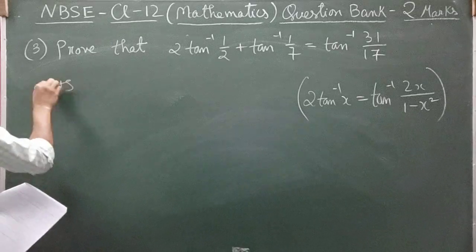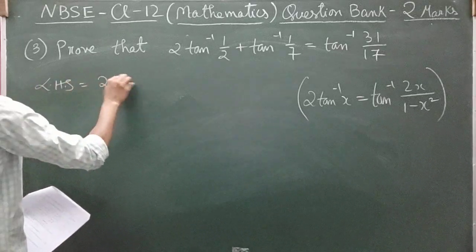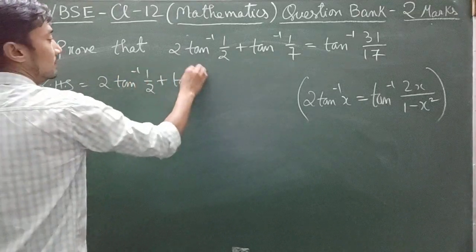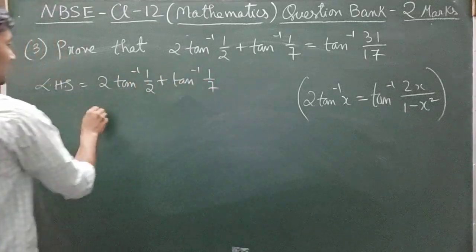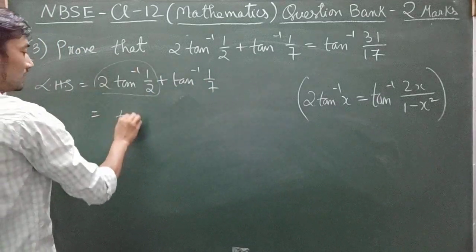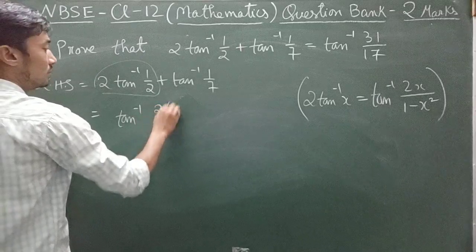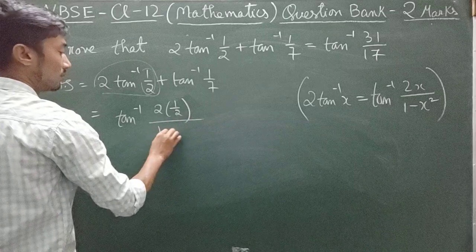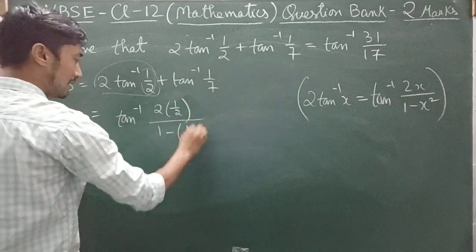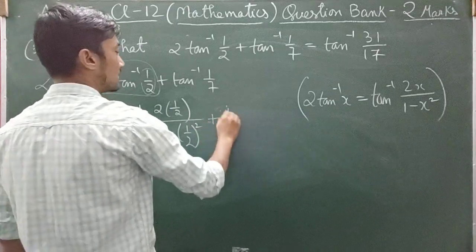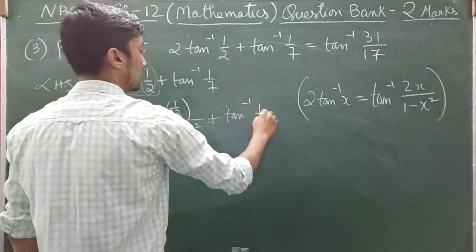Let's just start with the left hand side. That's going to be 2 tan inverse 1 by 2 plus tan inverse 1 by 7. I'm going to apply that formula here. So that will be tan inverse 2x, x is 1 by 2 here, divided by 1 minus x whole square, plus tan inverse 1 by 7.